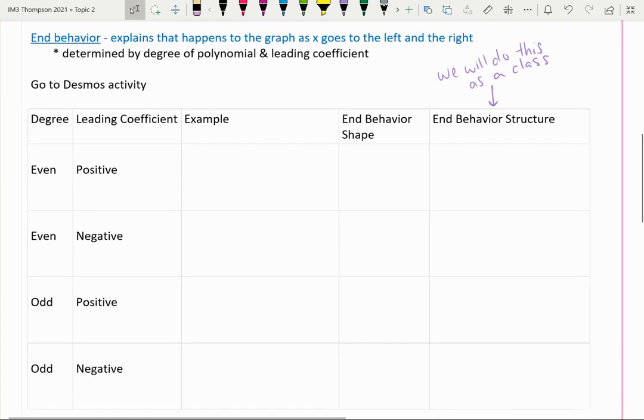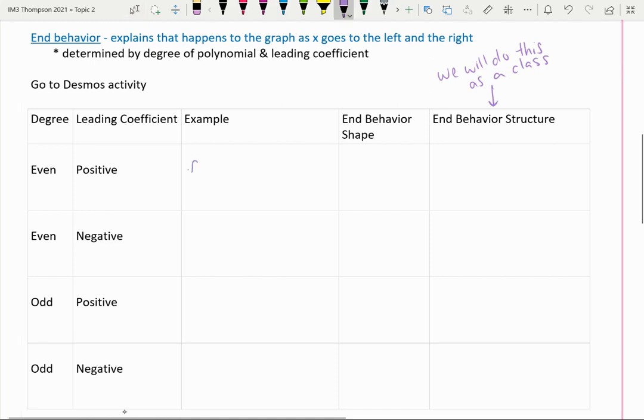Okay, cool. So the entire Desmos activity was based off of even and odd degree functions and what happens when I have positive and negative leading coefficients. All right. So you could have written an infinite number of examples for each one of these. I'm just going to pick the ones that were out of the activity that were towards the end. So any example of an even degree polynomial with a positive leading coefficient.